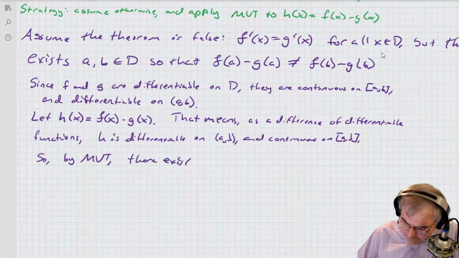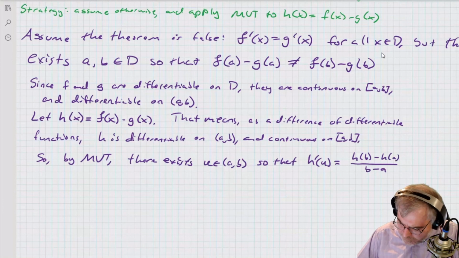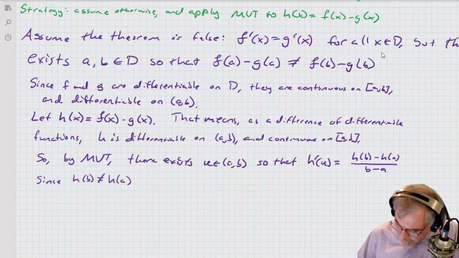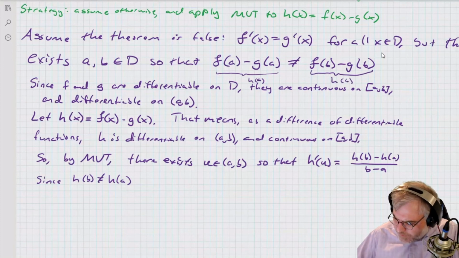there exists U in AB so that f prime of U equals, I'm sorry, this should be H. H prime of U equals H of B minus H of A all over B minus A. Since H of B does not equal H of A, right, because that was one of my conditions, so this is going to be H of A, and this is going to be H of B. There exists U in AB so that H prime of U equals this.